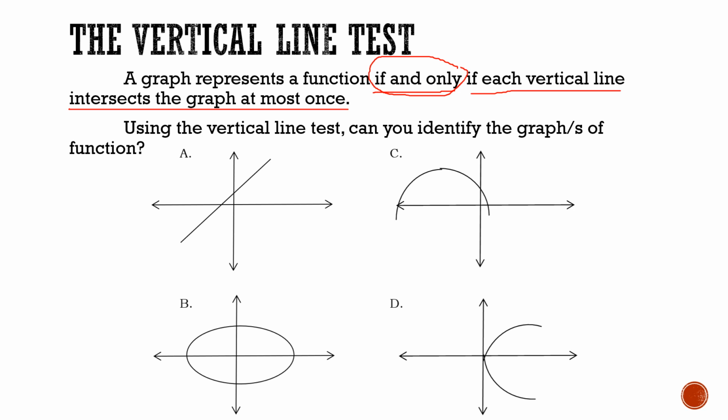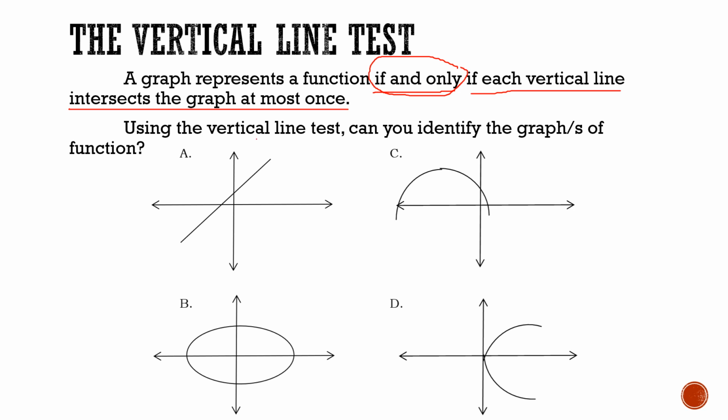There is an X and Y axis, and there's a line intersecting them, but we're not after the X and Y axis. So let's apply the vertical line test.